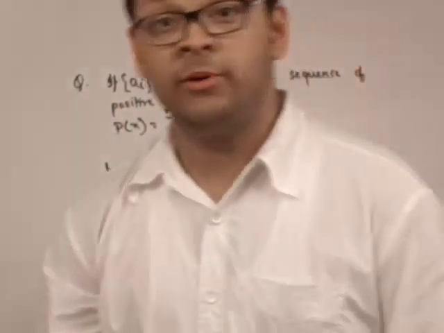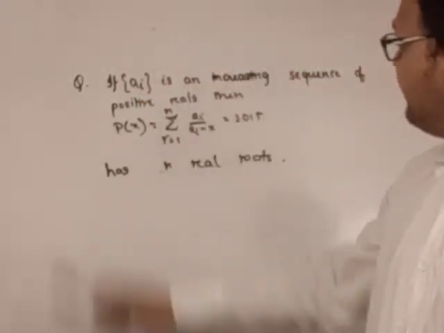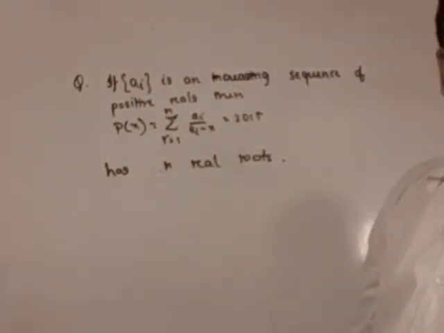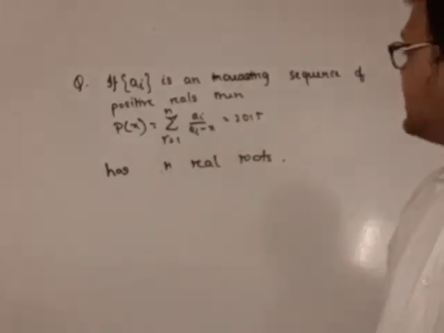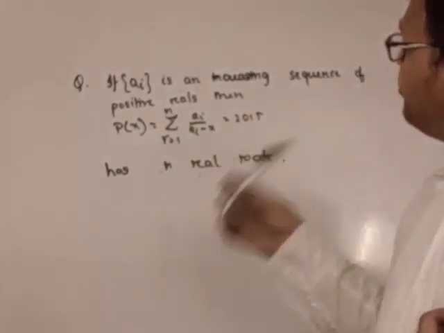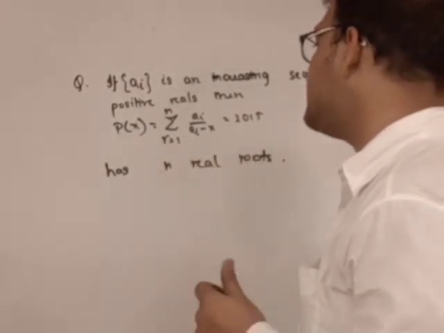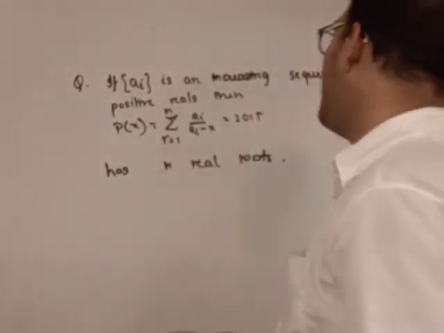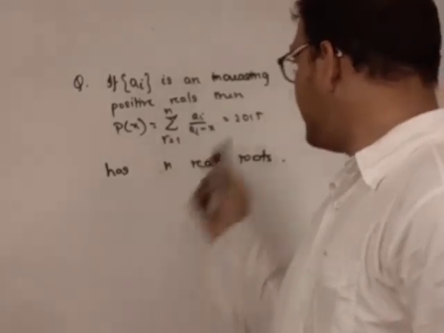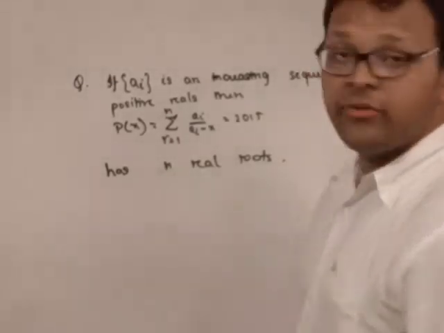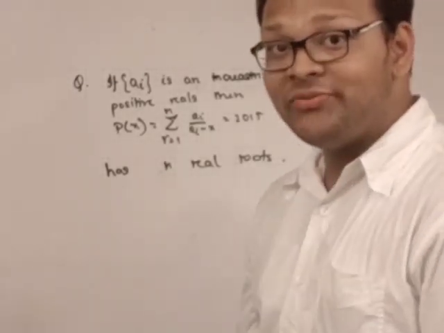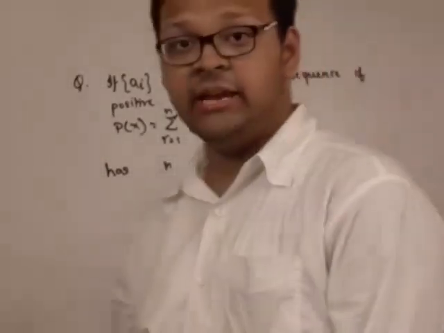So the next problem of today's class is: if ai is an increasing sequence of positive reals, remember that all ai are positive reals, then you need to prove that the polynomial P(x), which is the summation of ai by (ai minus x) for i equals 1 to n, equals 2015, has n real roots. So you need to prove that this equation has n real roots.